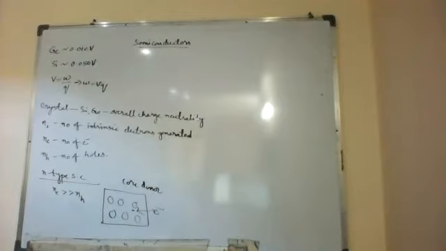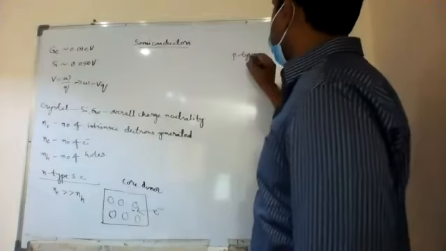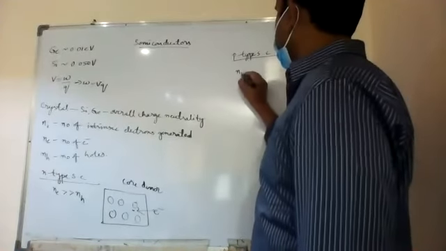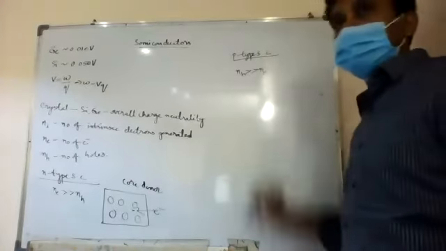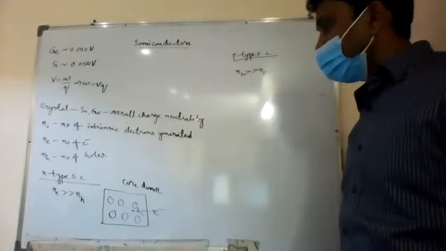Now we'll go to the P-type semiconductor. What exactly is happening in a P-type semiconductor? Here the number of holes is much greater than the number of electrons. In the diagram you showed, holes are greater than electrons.